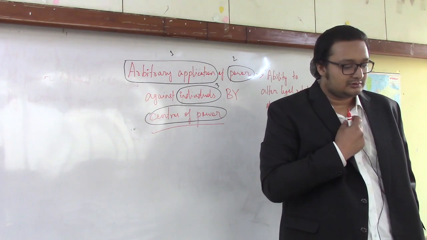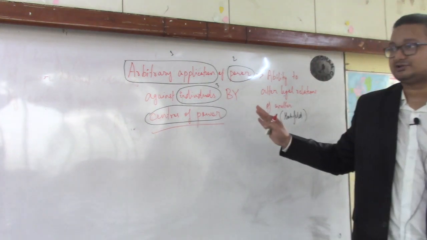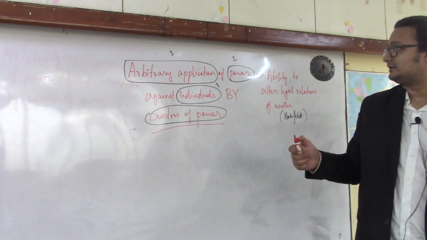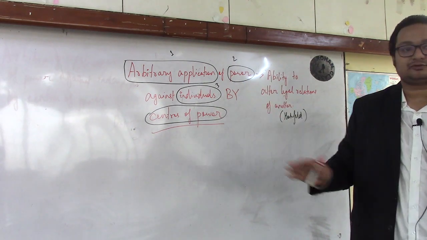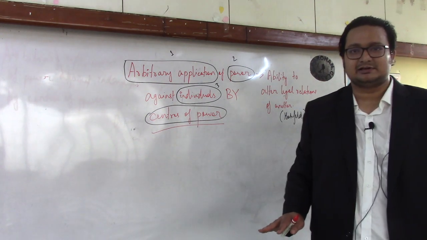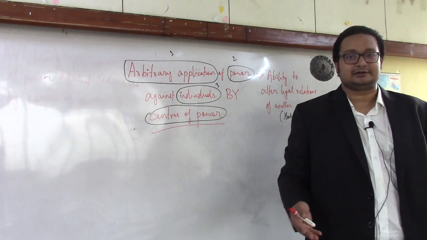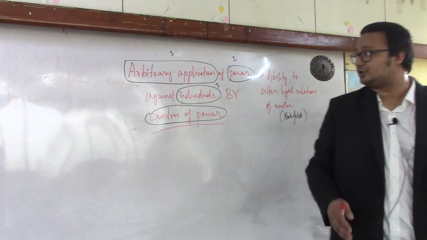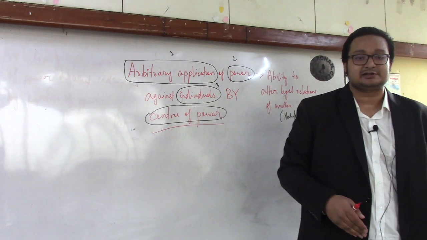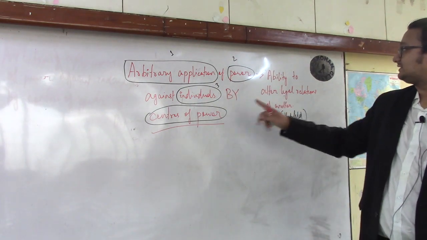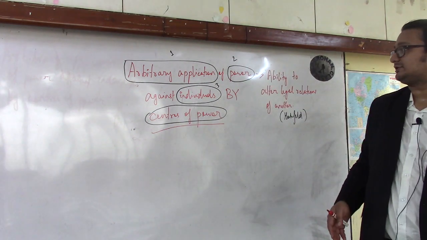Am I audible to all? Yes, sir. Is this getting confusing? You can stop me and ask me questions, there's no problem. This is just a small statement to indicate what the content of the next few lines is going to be. Over here we are expanding the definition of state in terms of other authorities, to include all the other authorities, so that individuals will not be unjustly treated.